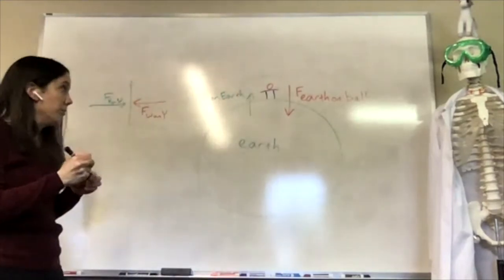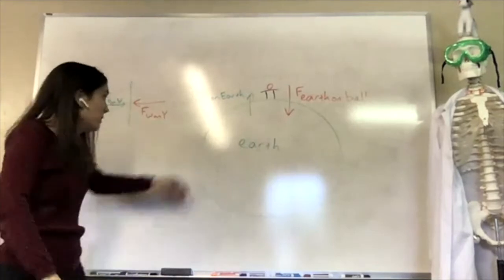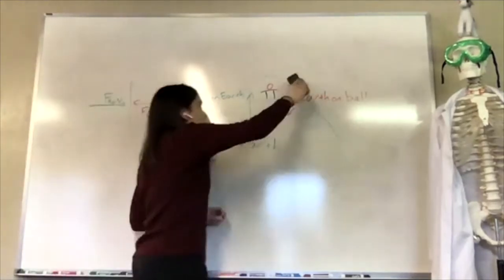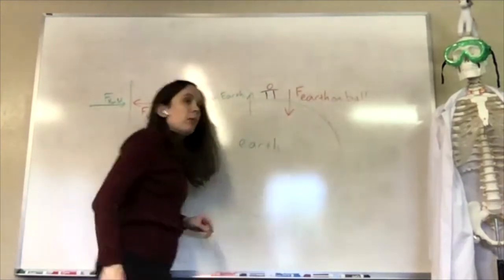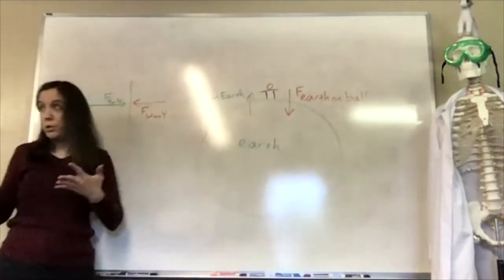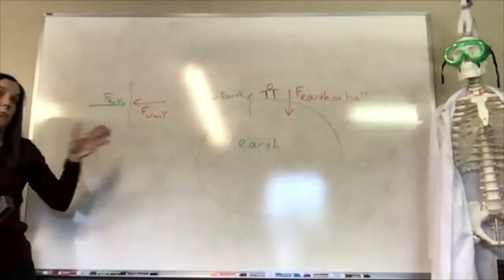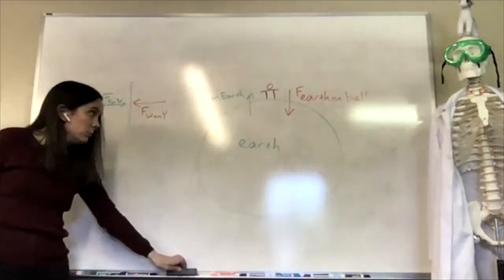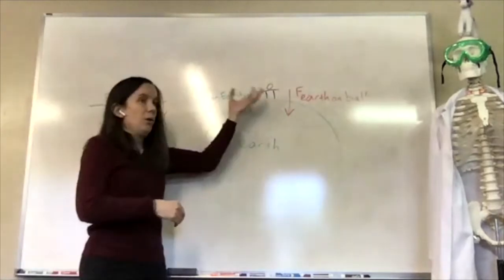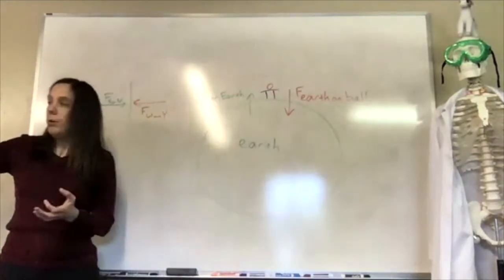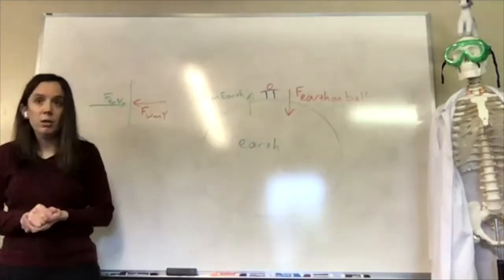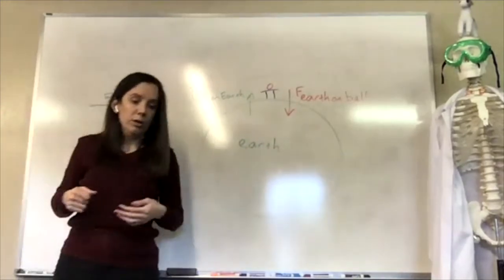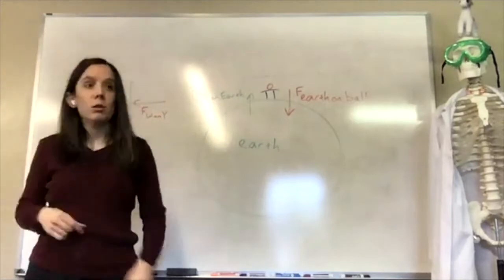So you have the same exact arrow length. So I made this a bit too long right here. So the arrows are always the same exact length. They're always in opposite directions, and they're on the same two objects. So the earth pulls the ball down, but the ball attracts the earth up. The ball can't really pull the earth up, but the ball attracts the earth to it.